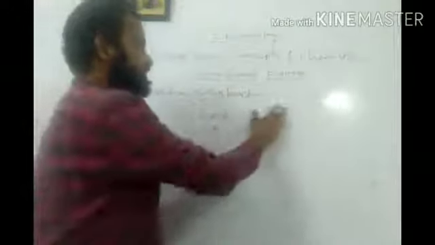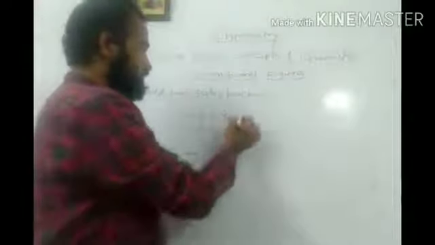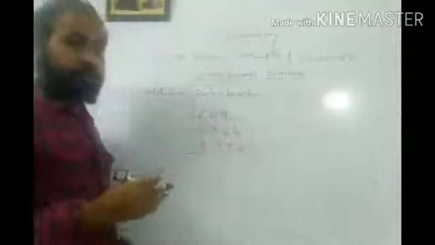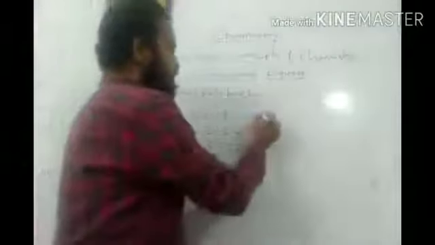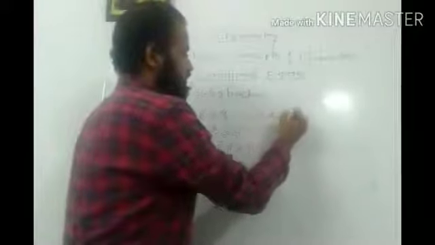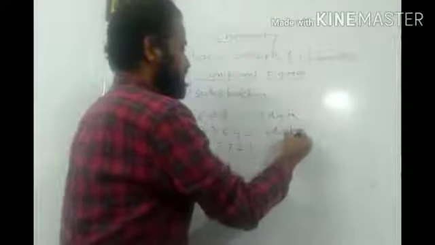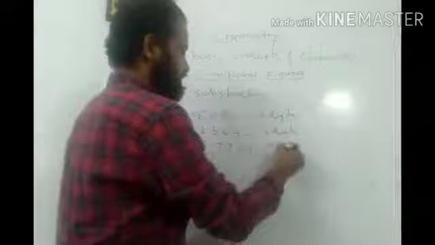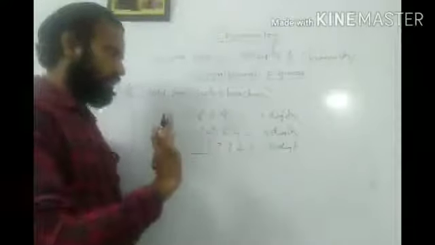Before this, I am going to write down here the number of digits after the decimal place. Here, if you see, two digits are there after the decimal point. Here you will observe three digits, and here you will get four digits after the decimal point.